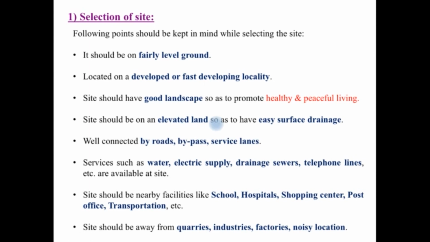If you look at the archaeological sites from historical times, most of them are located on elevated land, and that helped them stay away from the flood water.